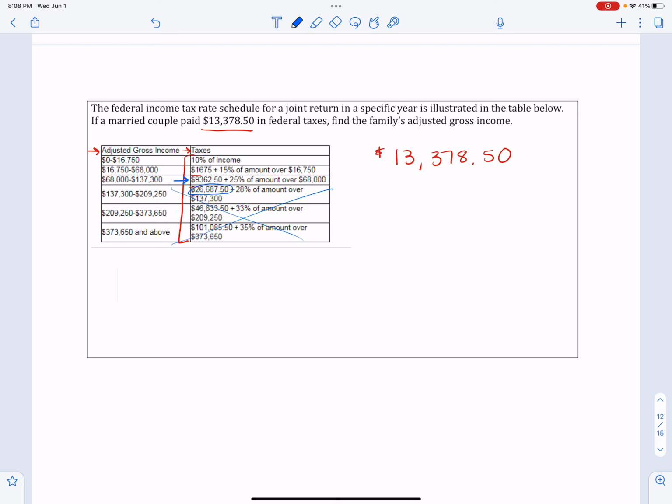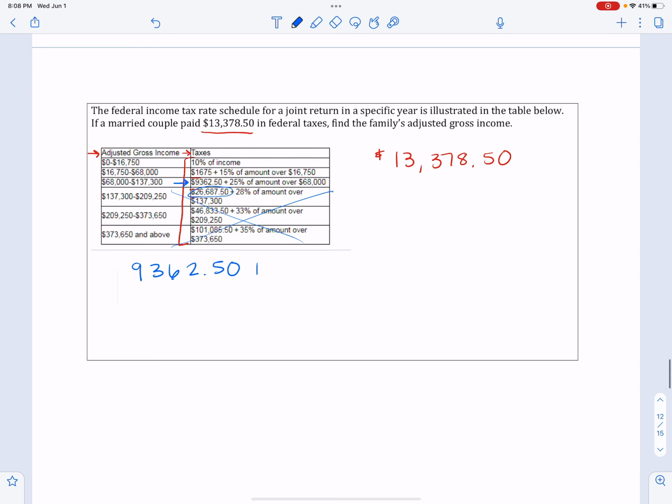So for this family, their taxes were calculated by taking $9,362.50. That was like their base rate, plus 25%. Notice I converted that to a decimal. The amount, now I don't know that. That's what I'm trying to figure out.